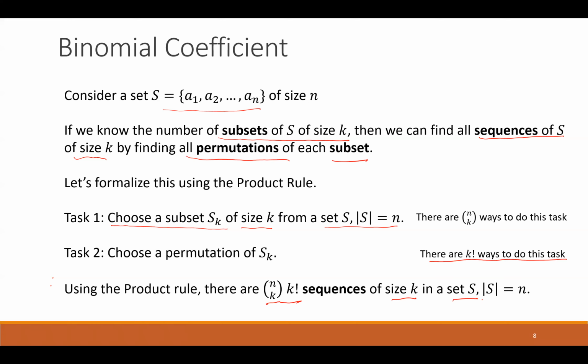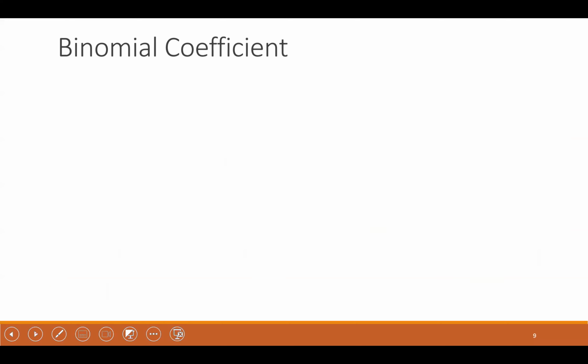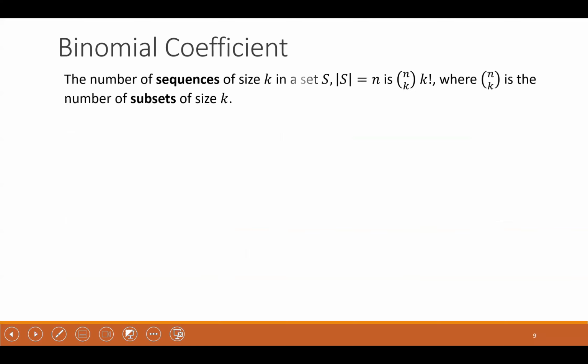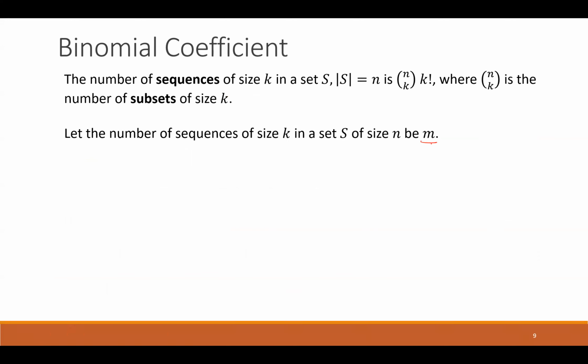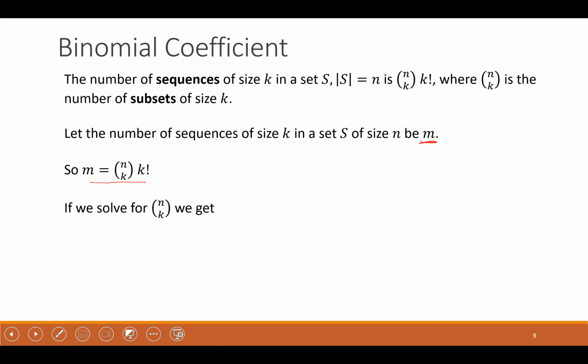Okay, so we know the number of sequences, but we have an unknown value. Well, it's known, but we haven't proven it. So let the number of sequences of size k in a set of size n be the letter m. So we have m equals n choose k times k factorial.